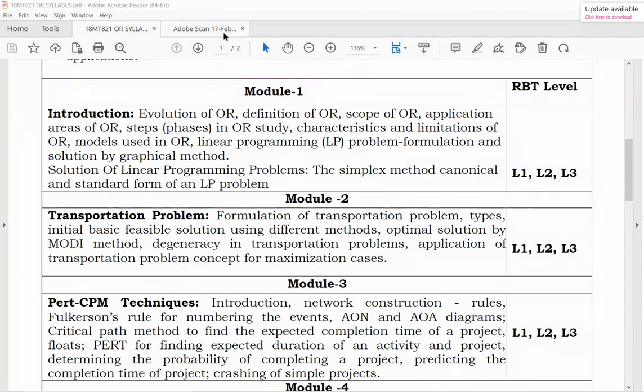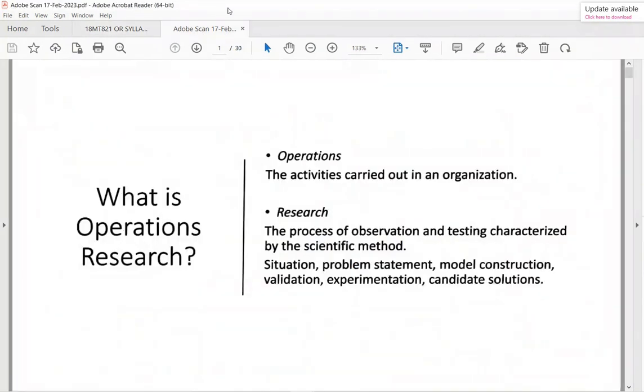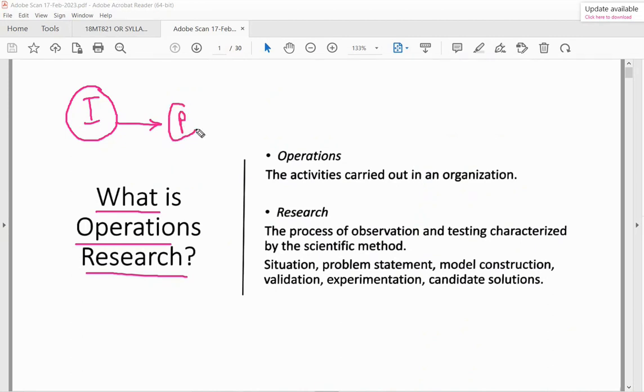The first thing we need to concentrate on is, what do we mean by operations research? If you consider an industry, in that industry they are going to produce one product. That product will not come immediately, it requires time, and it has a number of stages.